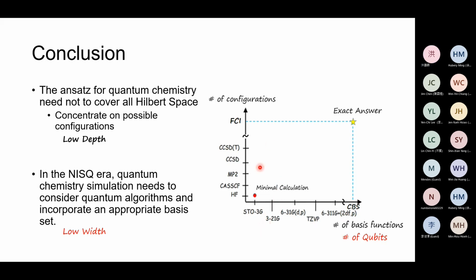That is, if we ignore the y direction, the quantum algorithm part, we can use the same number of basis functions as STO-3G, the minimal basis, and our choice is a better discretization, maybe more than 6-31G. And after that, we can adopt any quantum algorithm we like to calculate the final result.